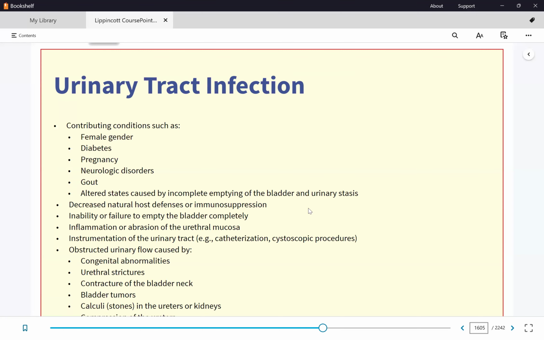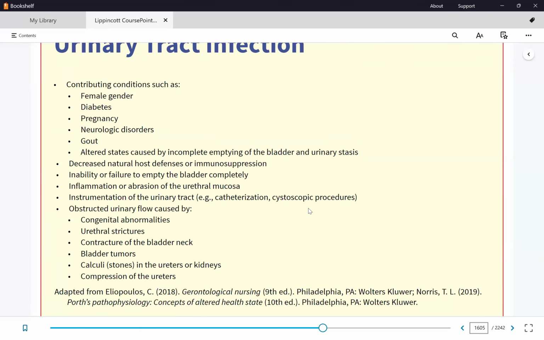Then there's decreased immunity. How about gout? Well, gout is a connective tissue disorder, and the urethra is a connective tissue, so it's affected, right? Invasive procedures, that's what we're referring to here, instrumentation, procedures where you insert something up into the urethra.